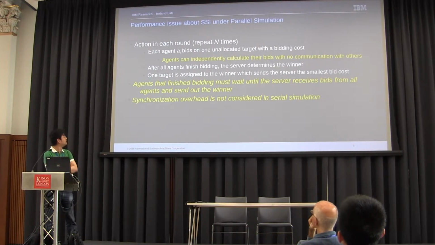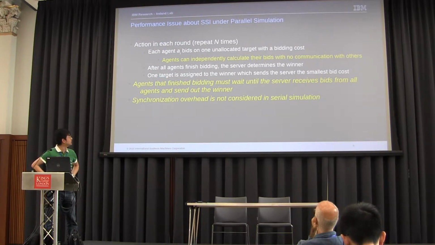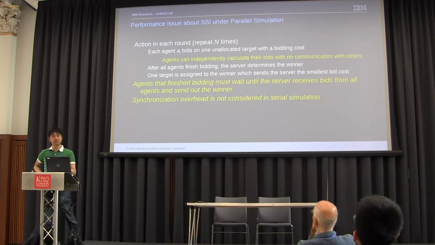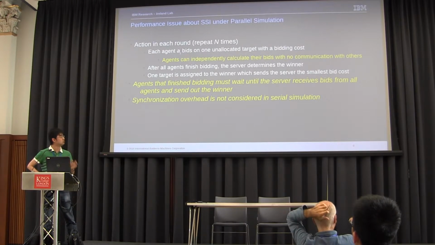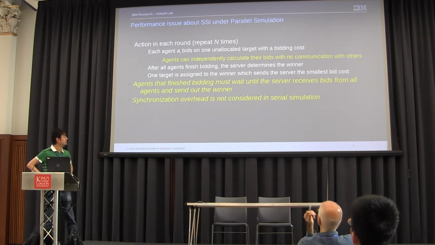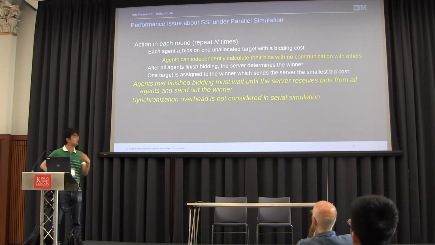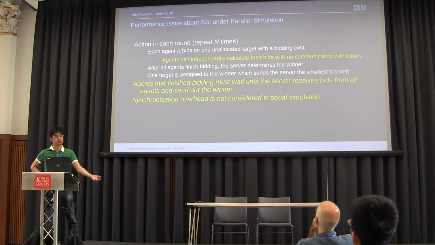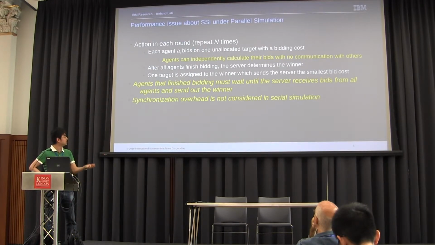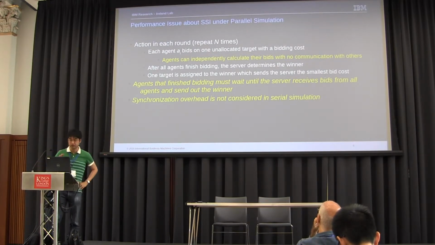However, because the server determines the winner after all the agents finish bidding, agents that finished bidding must wait until the server receives the bids from all the agents and sends out the winner to the agents. So that means that we have to synchronize, which is not considered in the simulation.